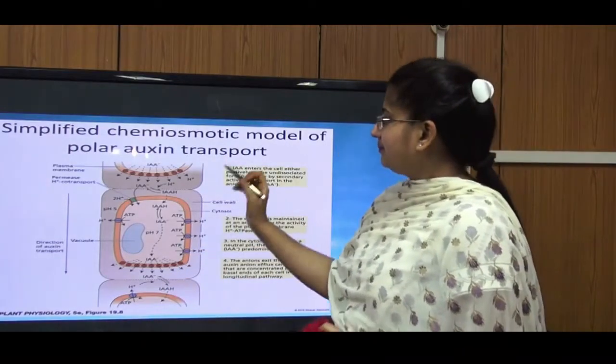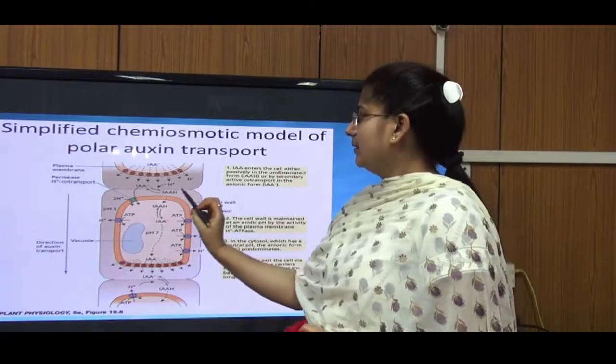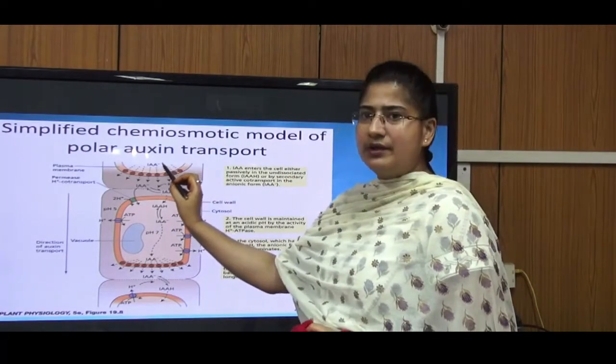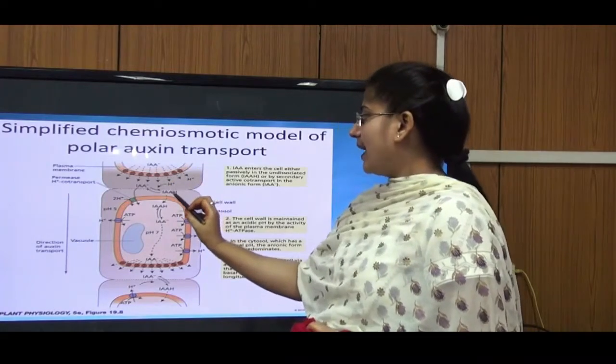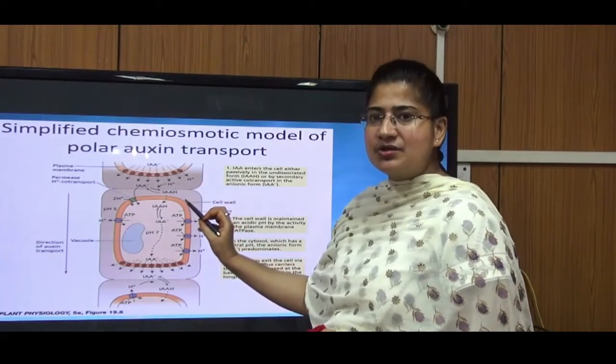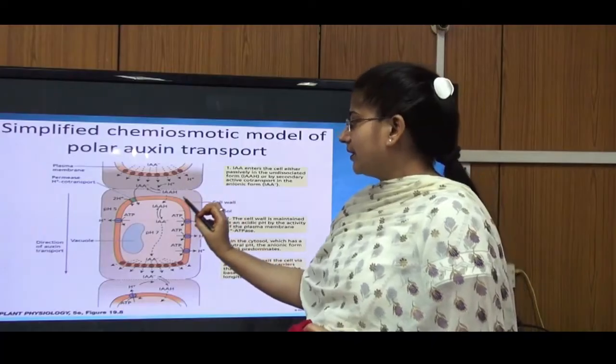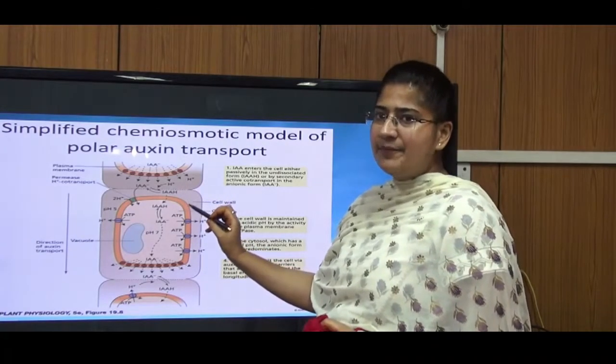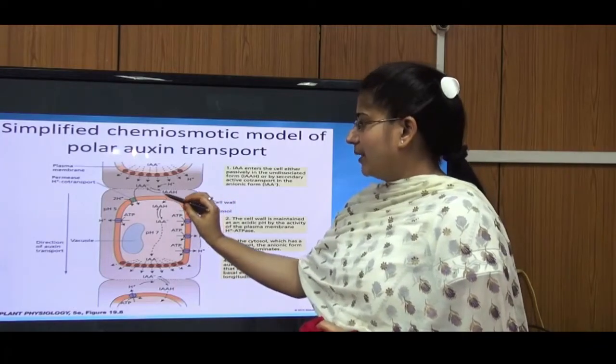Here you can see there are two forms, the IAA minus form, which is the dissociated, anionic form, and IAAH, which is the undissociated form. This undissociated form is lipophilic in nature, meaning it can diffuse through the lipid plasma membrane.